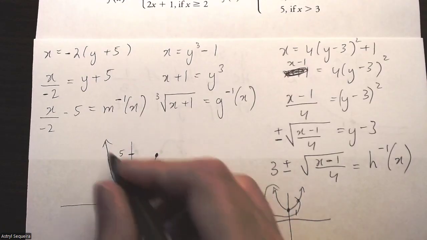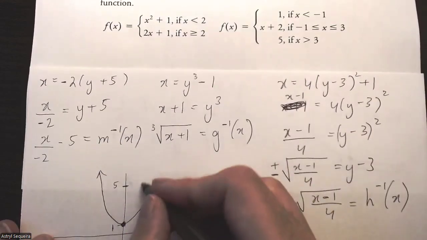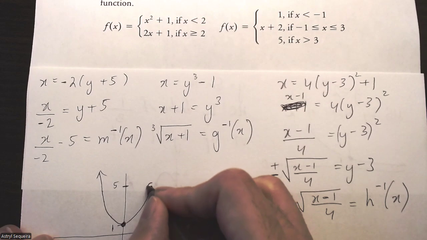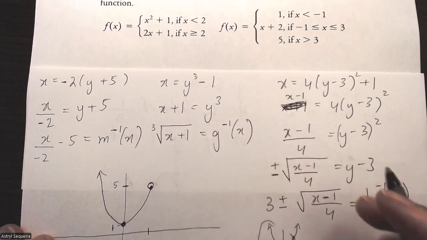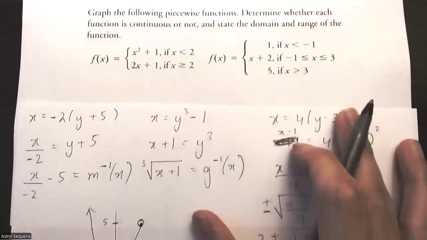So this is what the left side of the function looks like. The dot over here will be empty because it's just less than for the first function.